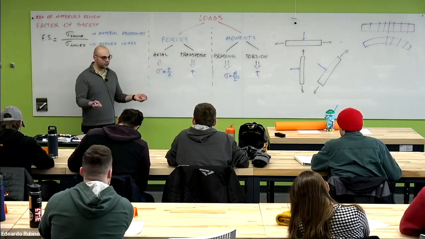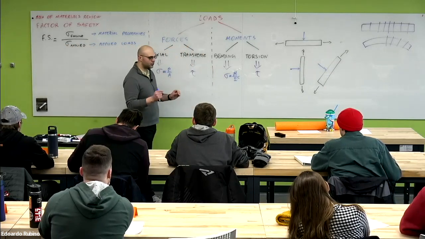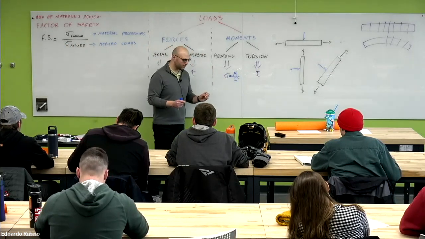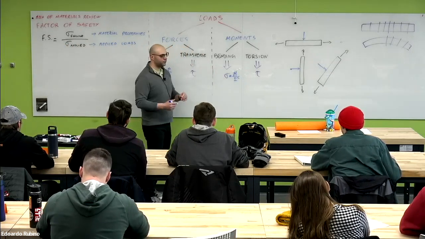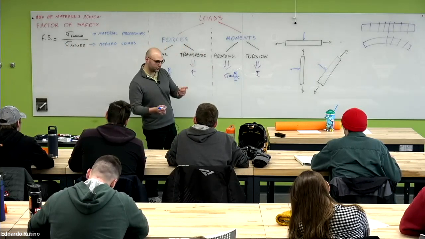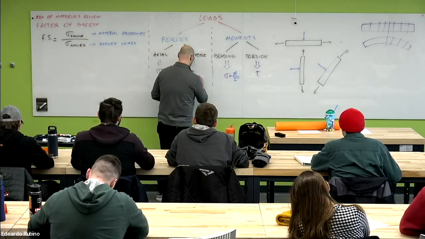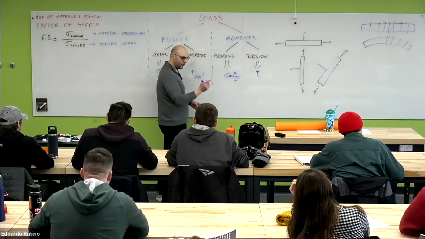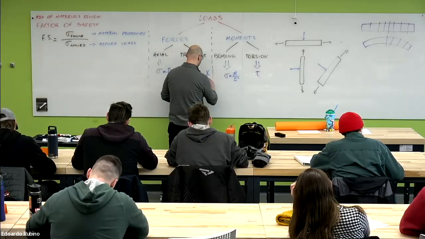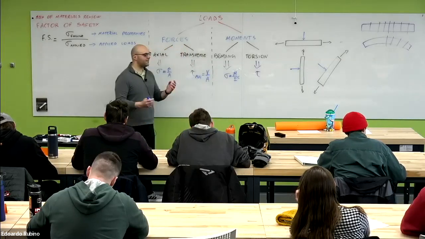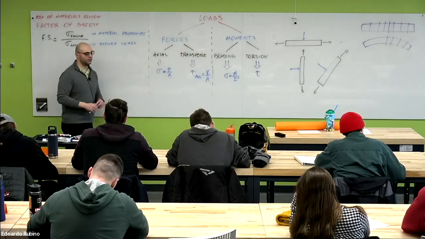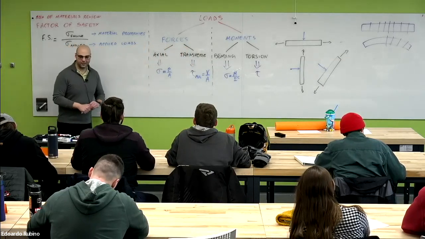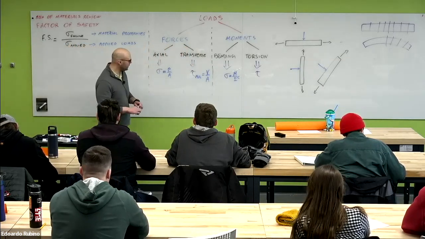It can still be used, but only under certain circumstances. So if we want to find the average shear stress, we can use V over A, but again, it's an average. It's not accurate enough in certain conditions.